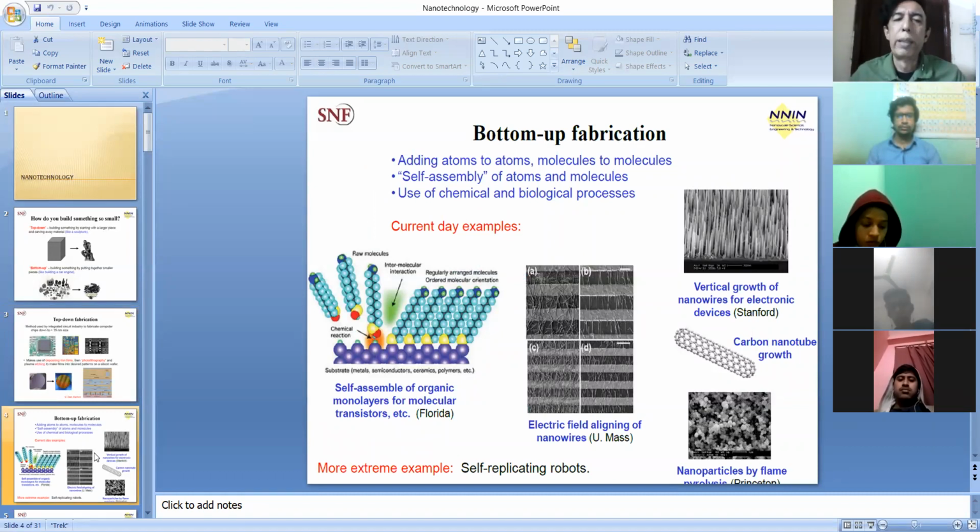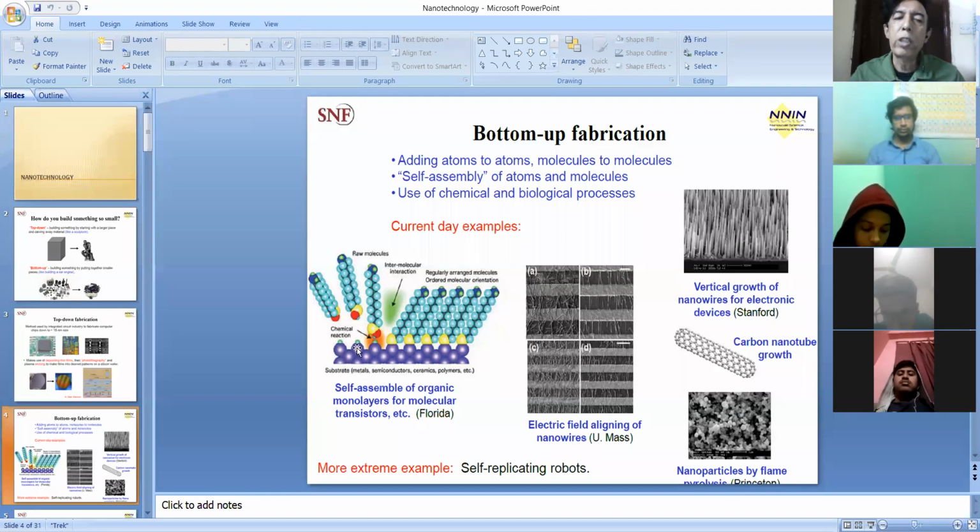And the bottom-up process is mainly used in all industries for the growth of nanowires, or to make carbon nanotubes and many nanoparticles. You can use the bottom-up process. How?